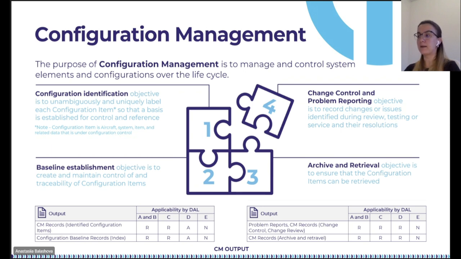The configuration management engineer shall establish tools where data will be stored, the security rules, the backup rules, etc. And the last piece of our mosaic is change control and problem reporting. The rules of how to perform change control and problem reporting shall be clearly identified. The outputs of these processes are presented on the slide.